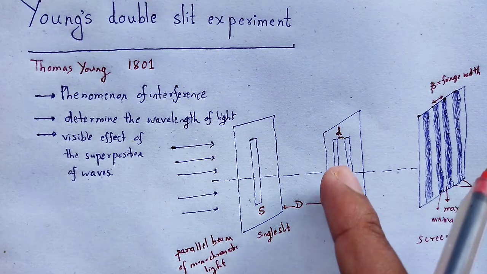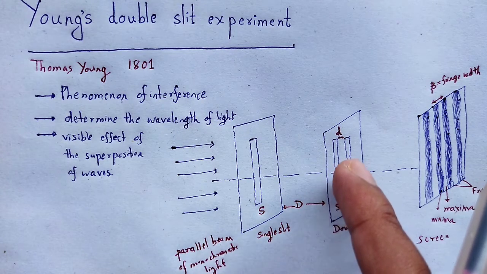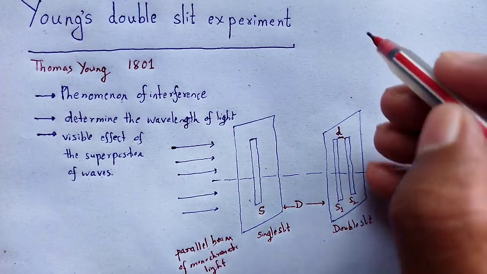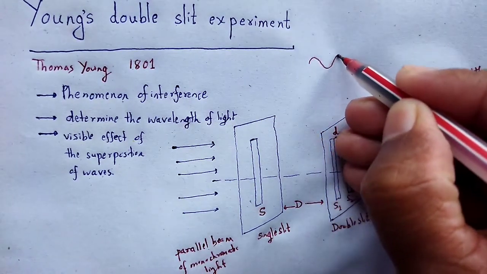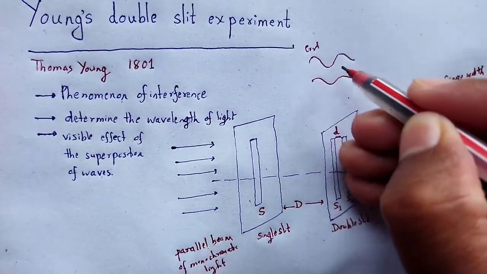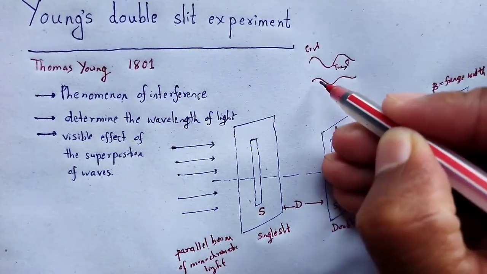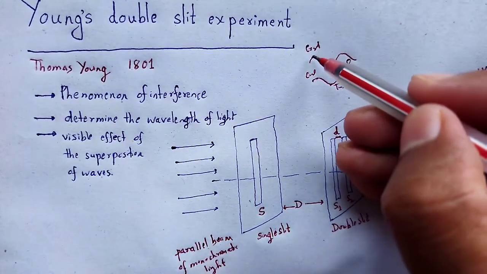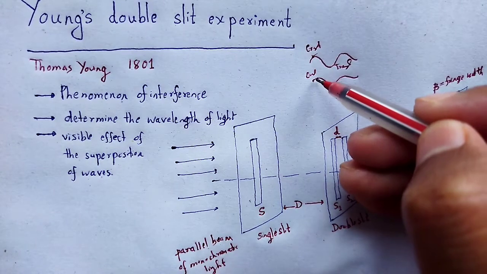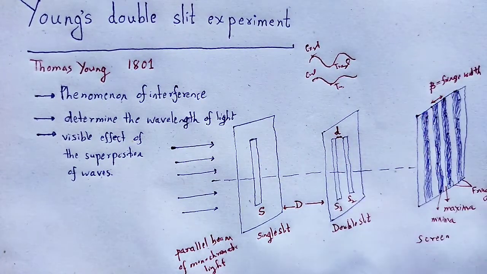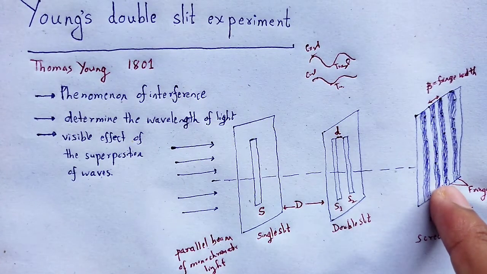When the crests of two interfering waves superpose, they give rise to maxima, the bright fringe.